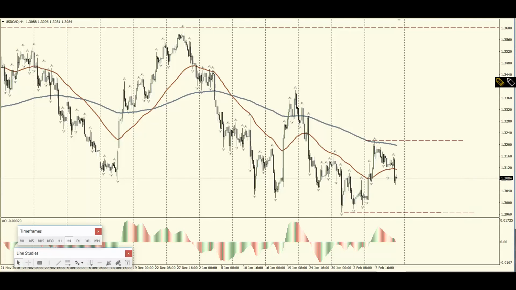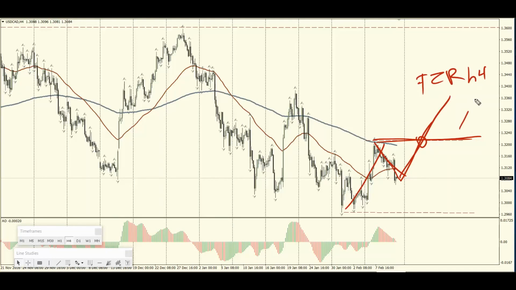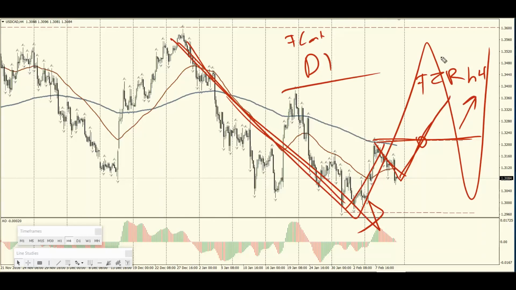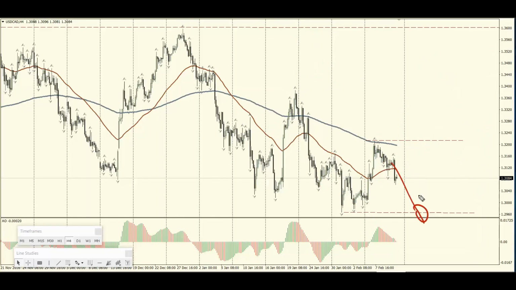Because if we go like that and break through this reference point, then we will have an FZR of H4 level up, and that will stop the trend down. That will put us back to the flat zone of D1 level. So hopefully it will break through, and I can then start using my trend following trading system.